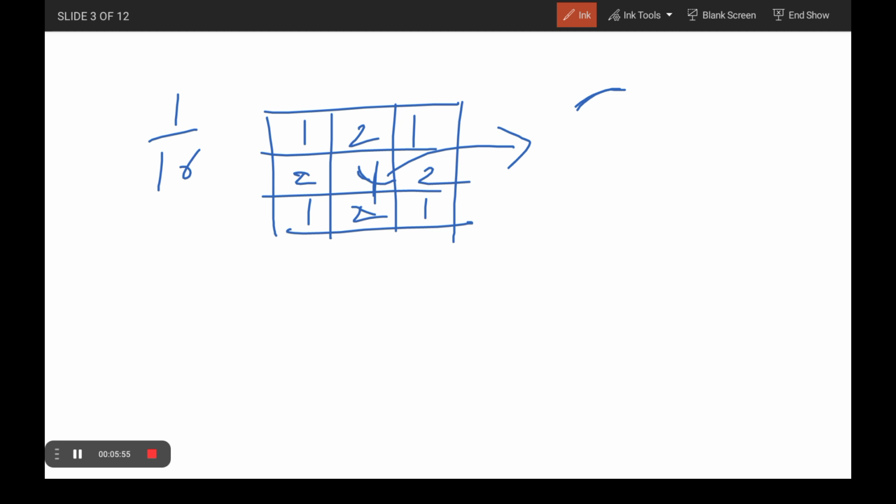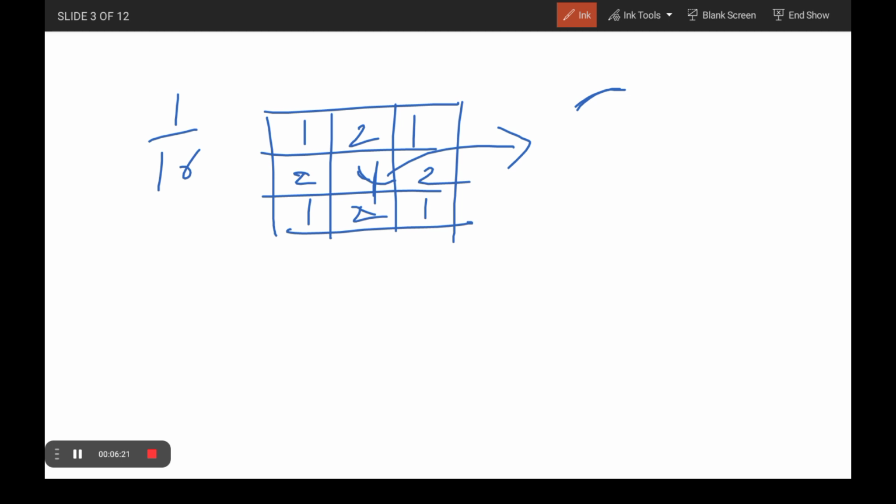But in this scenario, the central pixel has the highest weight value, and moving away from the central pixel we reduce the weights, which reduces the blurring in the smoothing process. For that purpose, we are using this smoothing filter. This is another smoothing filter example.